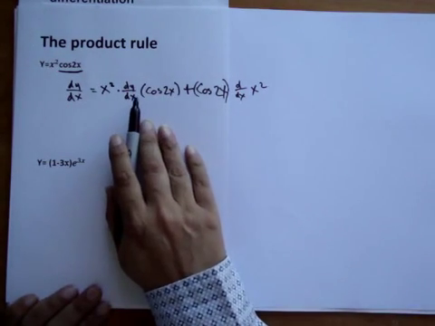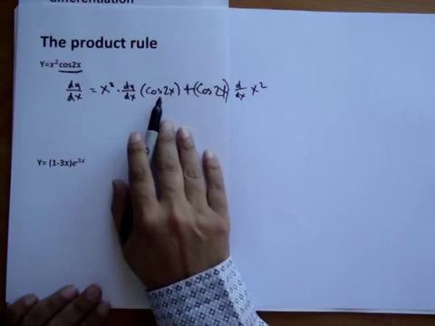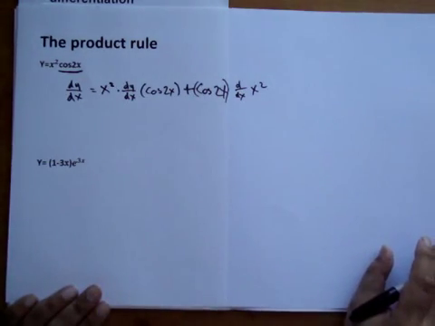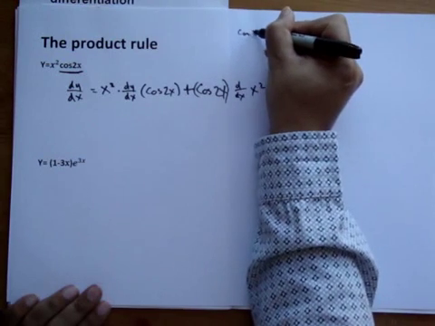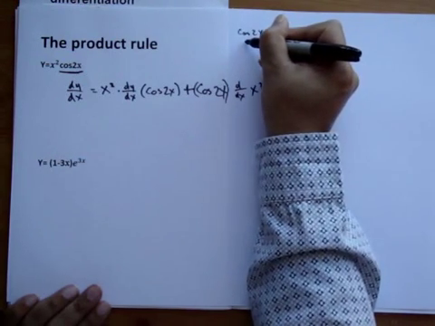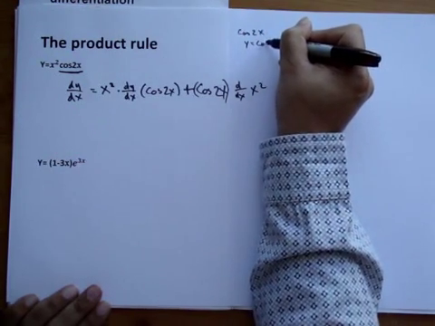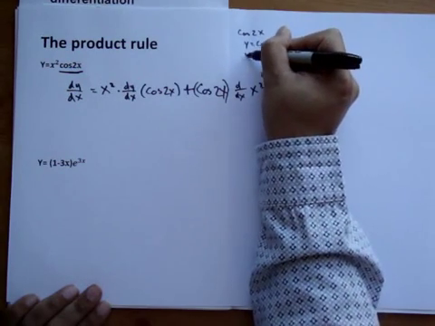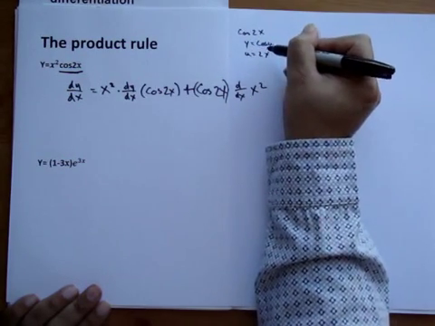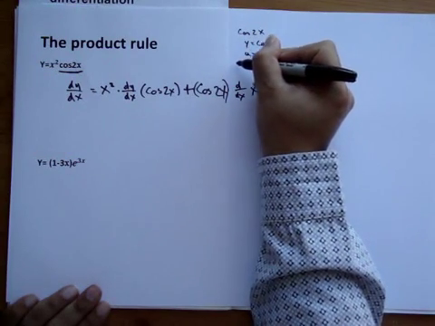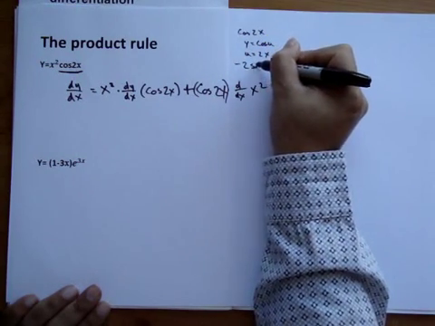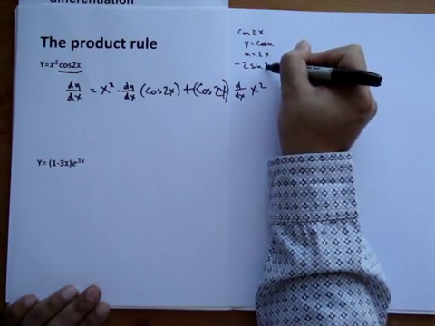So how to differentiate cos 2x, we go back to the chain rule. So let's just do this as a side, y equals cos u, u equals 2x. So when we differentiate we get minus 2 sine 2x.